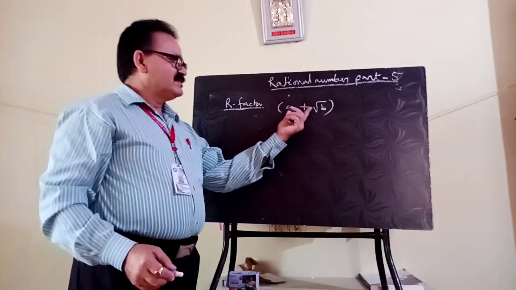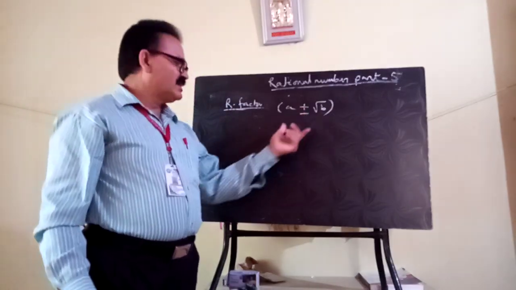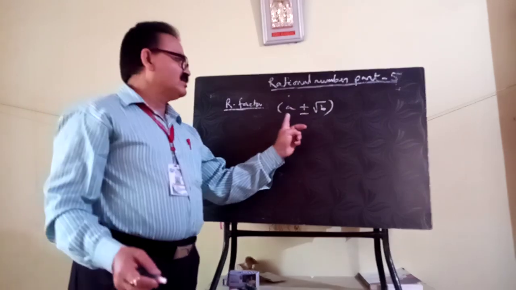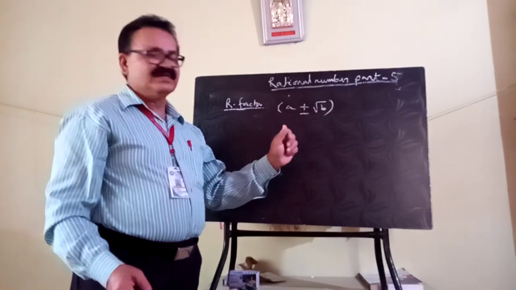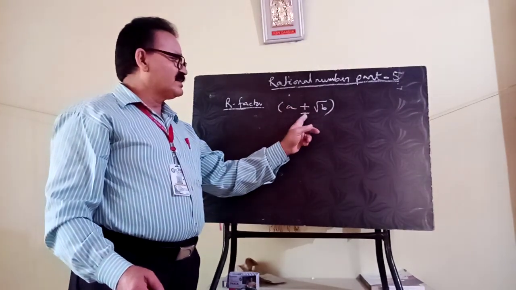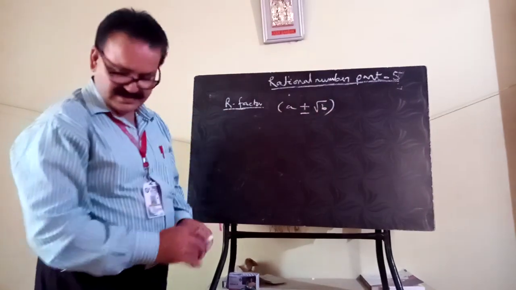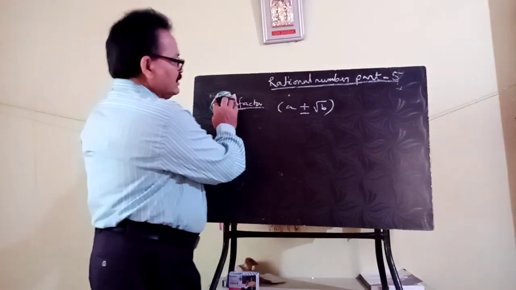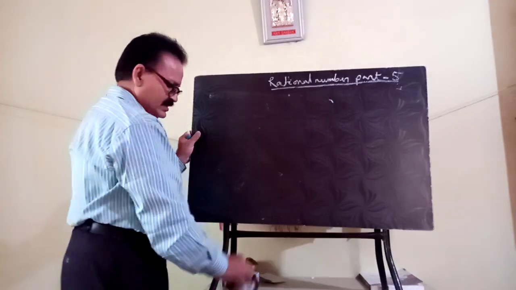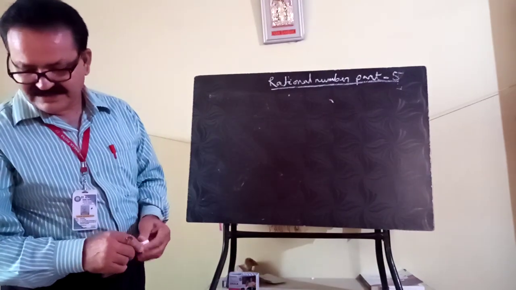In some cases, if the denominator is positive, then you have to multiply it with a minus root b. If the denominator is negative, then you have to multiply it with a plus root b. Clear? Okay. Now I will show you another simplification.